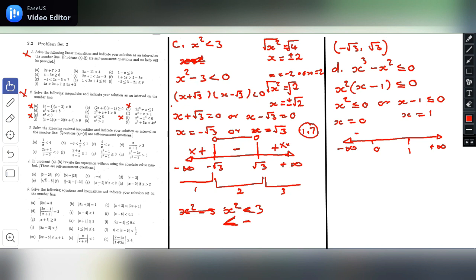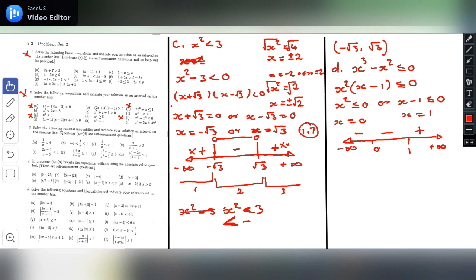We're going to get negative. Then choose any value between 0 and 1 and plug it in the original equation. We're going to get the positive value, the negative value, and then we take any value greater than 1. Therefore, it's going to give us a positive value, right?